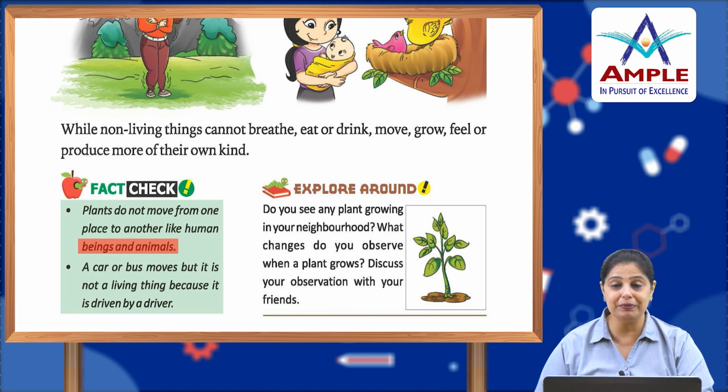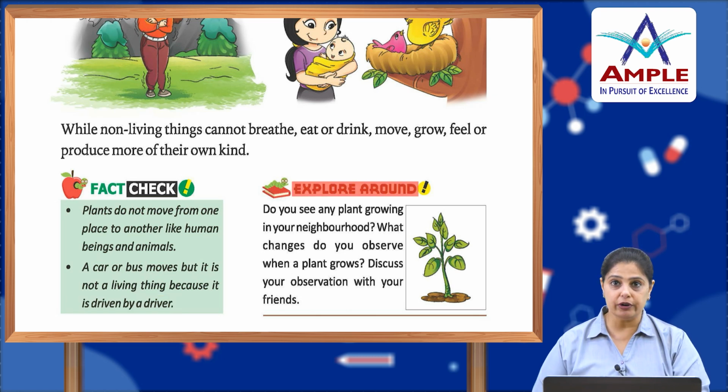No, it doesn't move, but it is still a living being. A car or bus moves, but it is not a living thing because it is driven by a driver. So, when does a car or a bus move? Only when a person is driving it, otherwise it cannot move on its own.